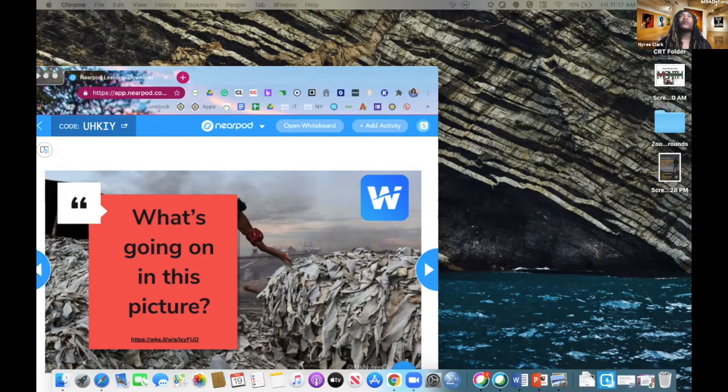Oh, we're not seeing the Wakelet screen? Let's see. I have it. No one sees the screen for Wakelet. What screen are you seeing? Can someone put that in the chat for me? It's the Nearpod screen. Is it Nearpod? Why is this not working on Wakelet? Let's see.